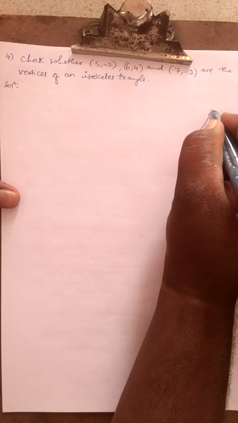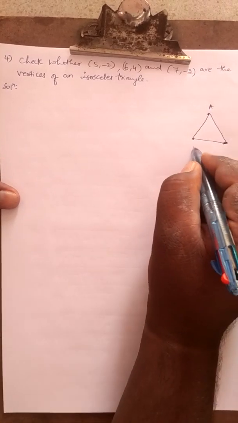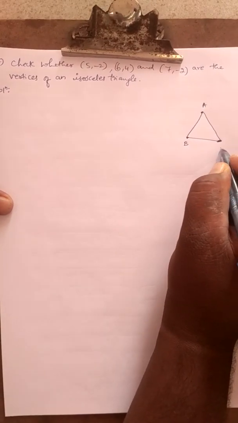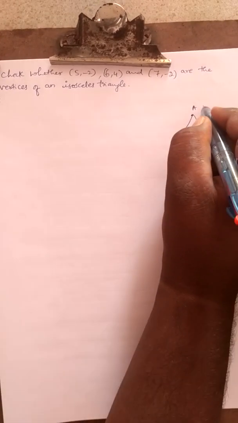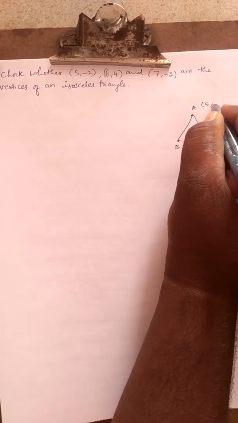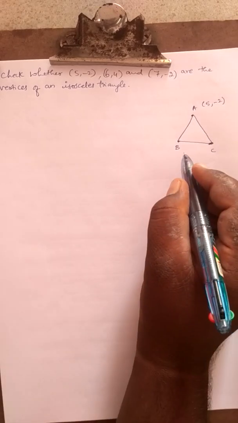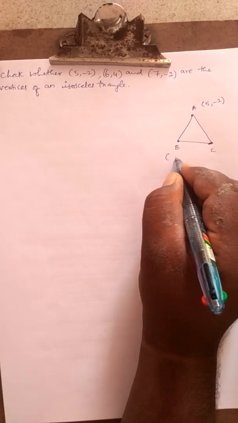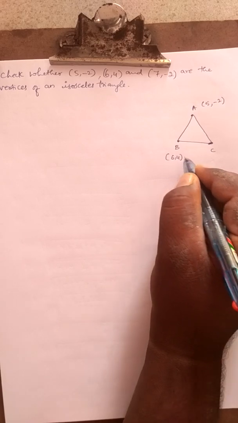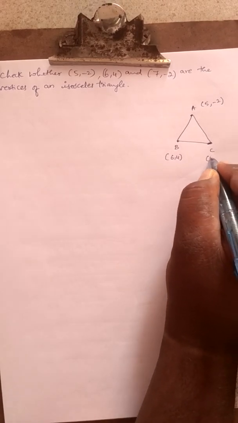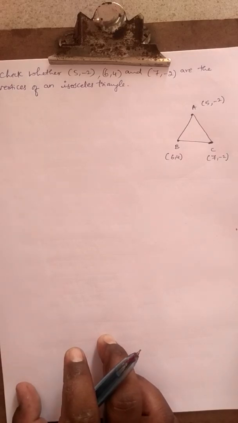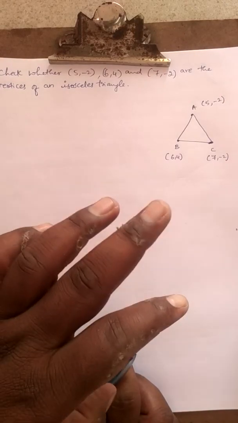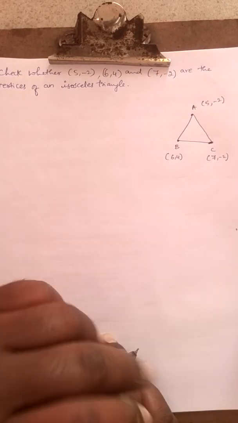This is one coordinate, I am going to name it A, this is another coordinate B, and this is the third coordinate C. The first coordinate I am going to take as 5 comma minus 2, the second coordinate I am going to write here 6 comma 4, and the third coordinate 7 comma minus 2. So now what we have to check here is whether this triangle is an isosceles triangle or not.